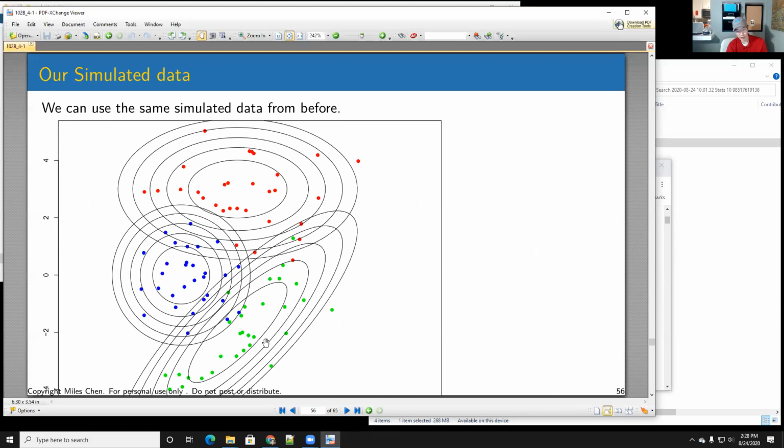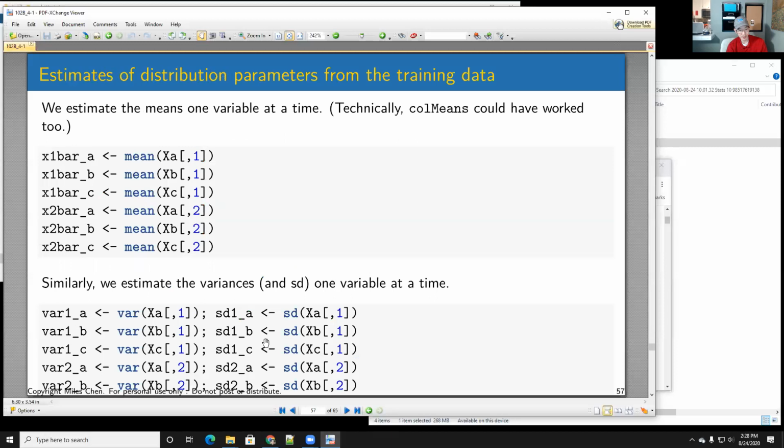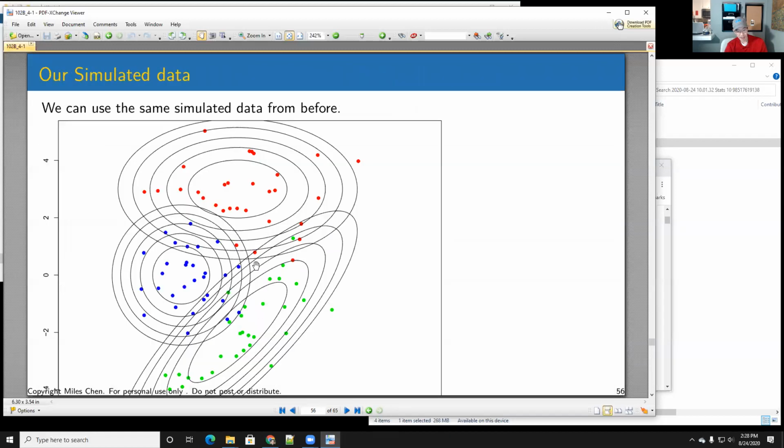When we say that there's no covariance between them, what's going to happen is that the major and minor axes of the ellipse will be perpendicular, and the axes of the ellipse will now be parallel to the axes of the graph.